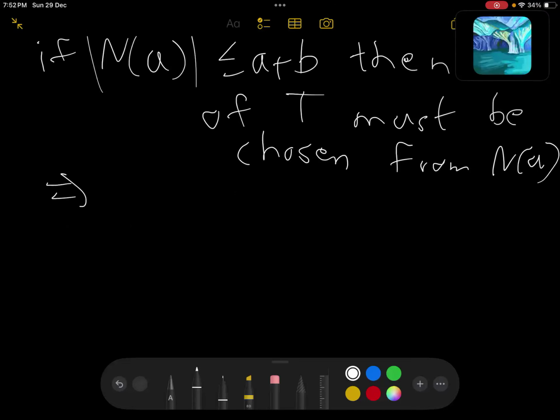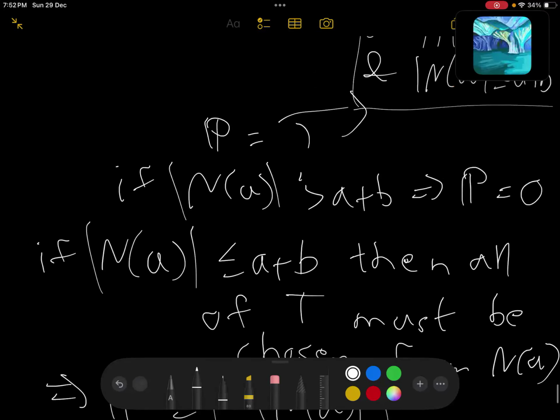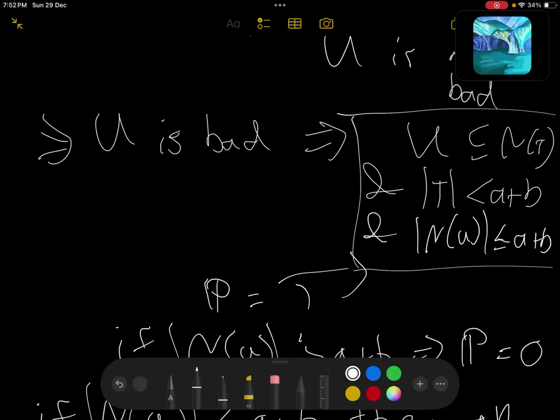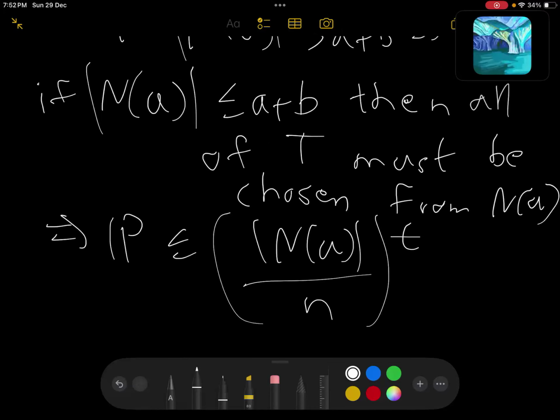So the probability is at most NU by N, whole raised to T. Because if NU is small, then U has to be a common neighbor of T. So T has to be chosen from the common neighbors of U. Otherwise, U can't be a common neighbor.